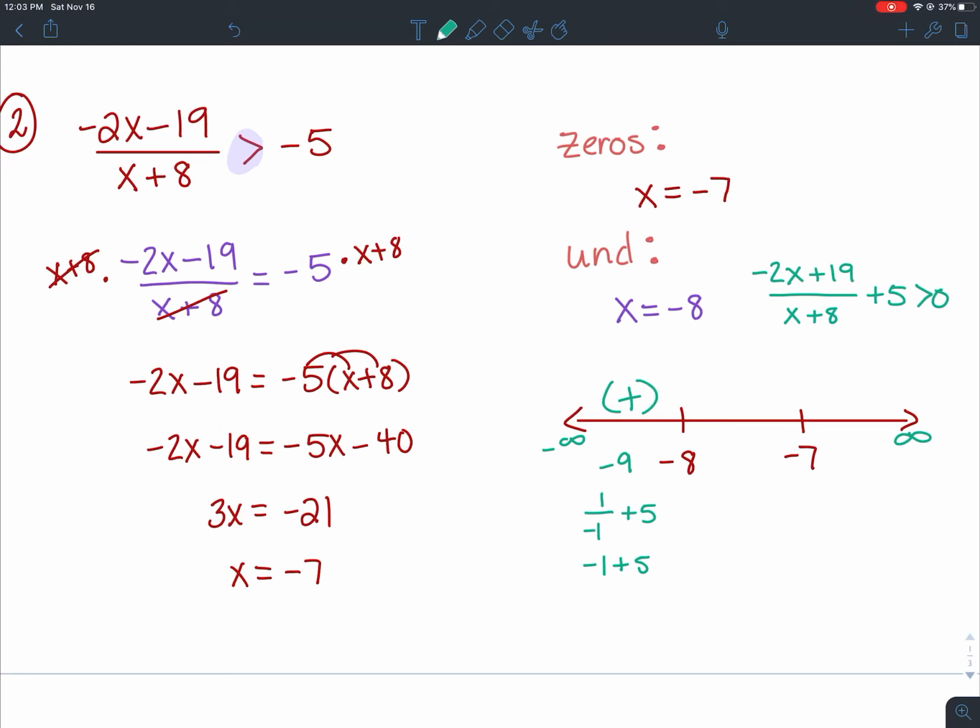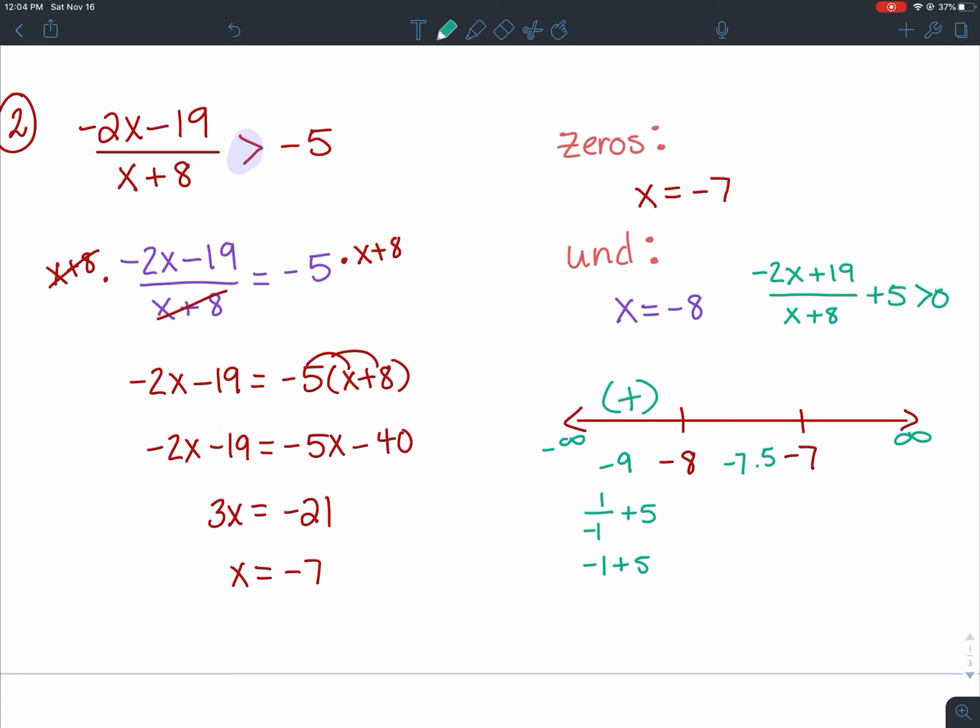Next number I'm going to plug in is negative 7.5. Okay, so what am I going to get? I'm going to use a calculator because this is decimals.